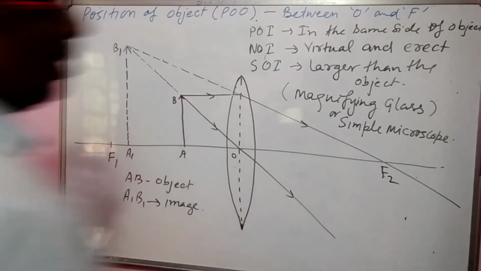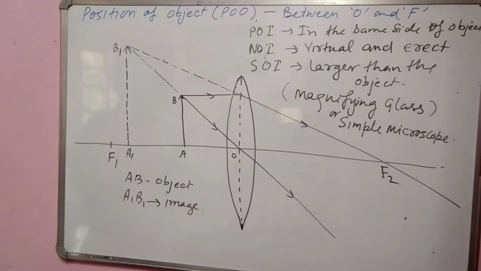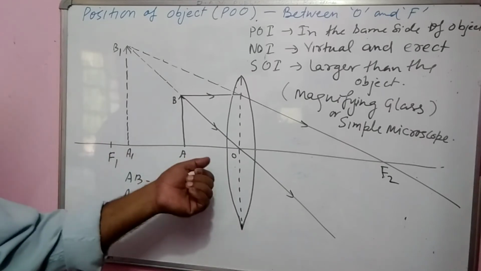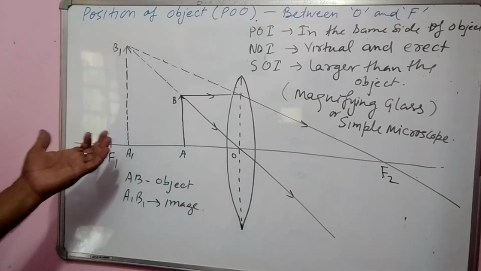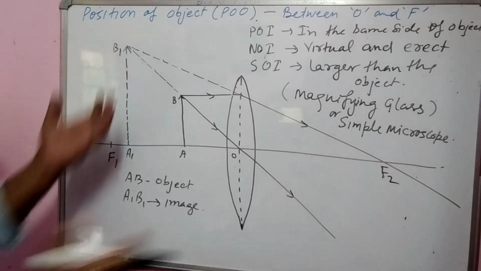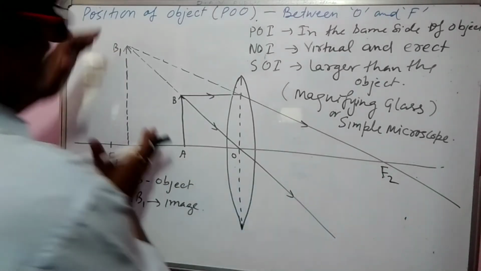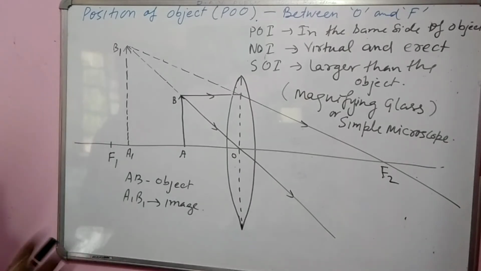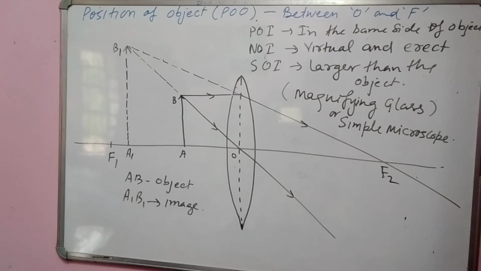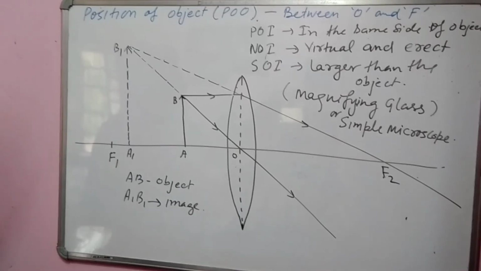To see a small object we use a microscope. If we put the small object between focus and optical center, it will appear very large when we see from the other side. So it magnifies, it enlarges the size of the image. This is the situation of a magnifying glass.